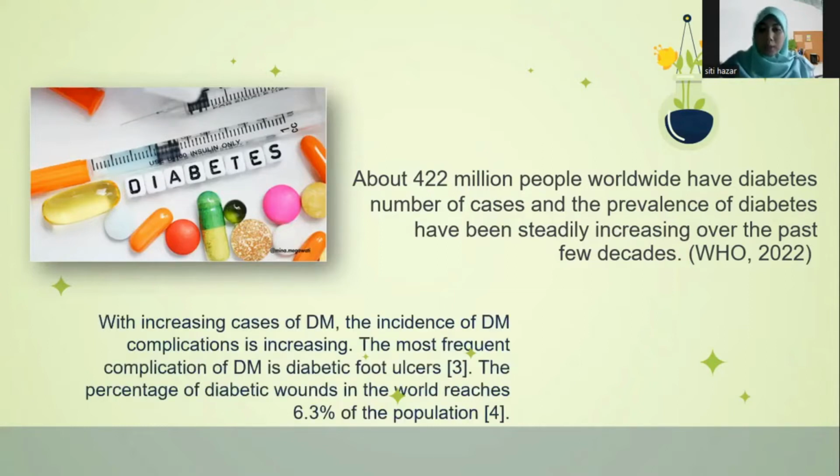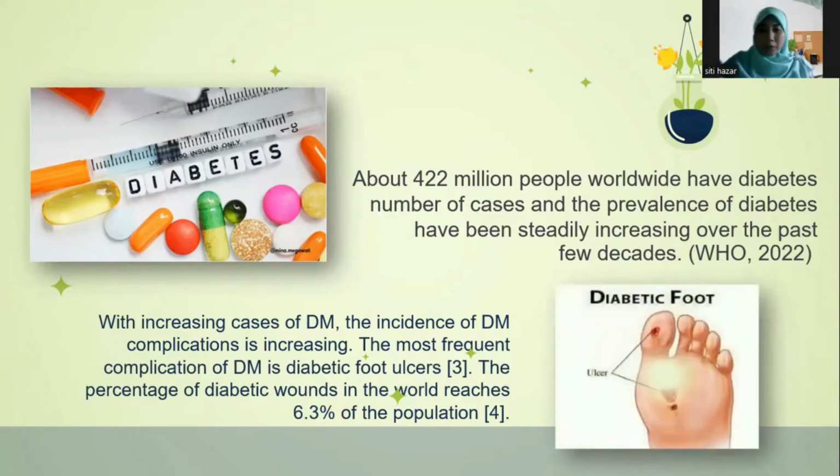With increasing cases of DM or diabetes mellitus, the incidence of DM complications is increasing too. The most frequent complication of DM is diabetic foot ulcers. This is the picture. The percentage of diabetic wounds in the world reached 6.3% of the population.